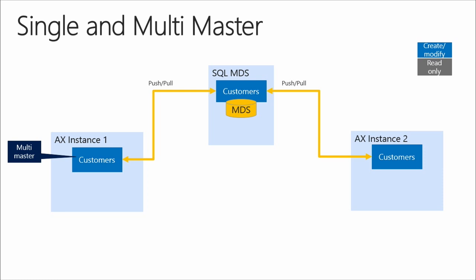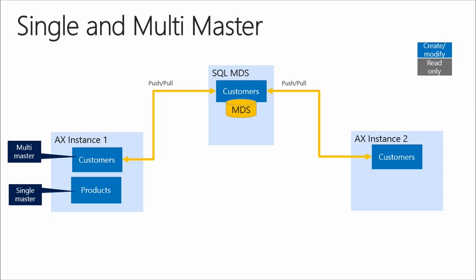New customers created in AX instance 1 get pushed to SQL MDS, and any customers created in AX instance 2 are also pushed to MDS. When the pull operation happens, customers that might have been created in the other instance of AX will get pulled into your AX instance.